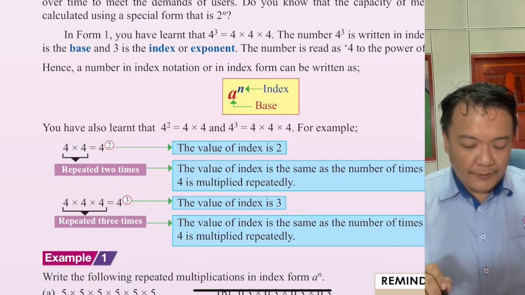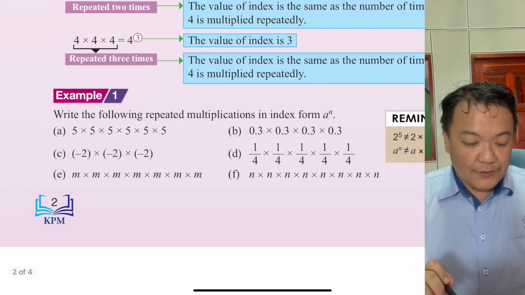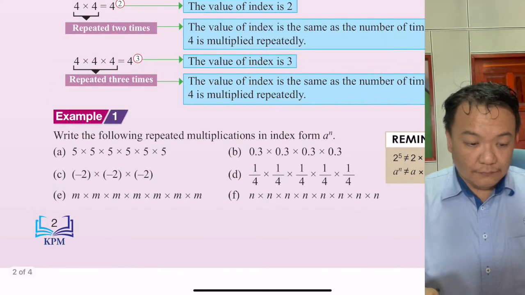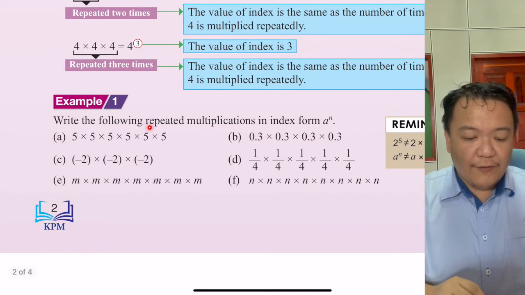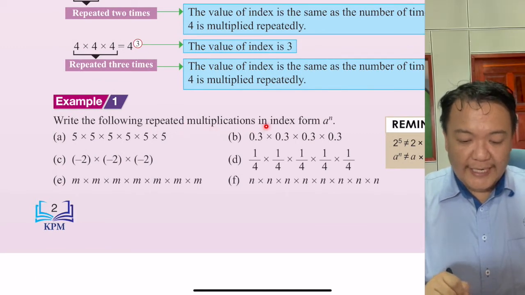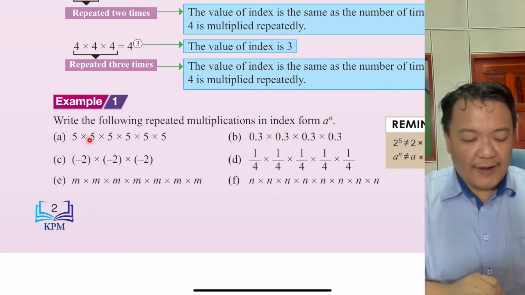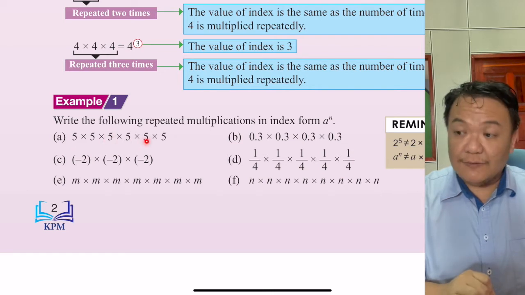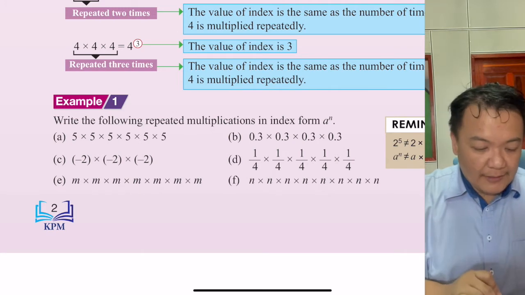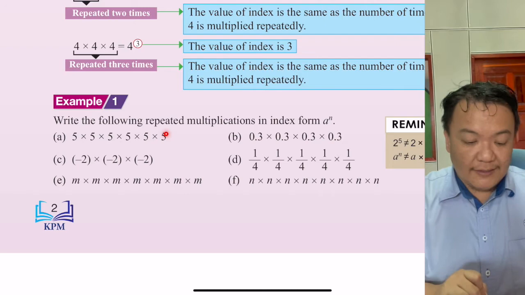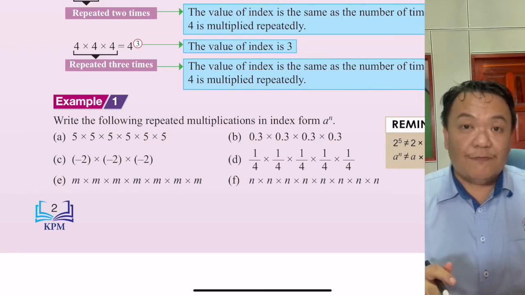Let's look at the first example. Write the following repeated multiplication in index form a power of n. The first one, kita ada 5 times 5 times 5 times 5 times 5 times 5. Berapa kali ni? 1, 2, 3, 4, 5, 6. There are 6 times of 5.